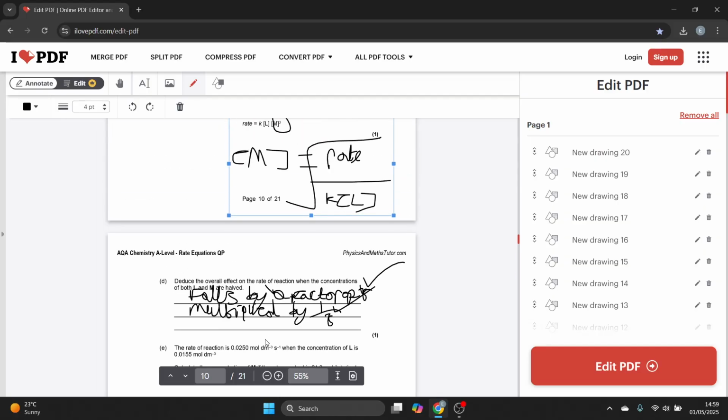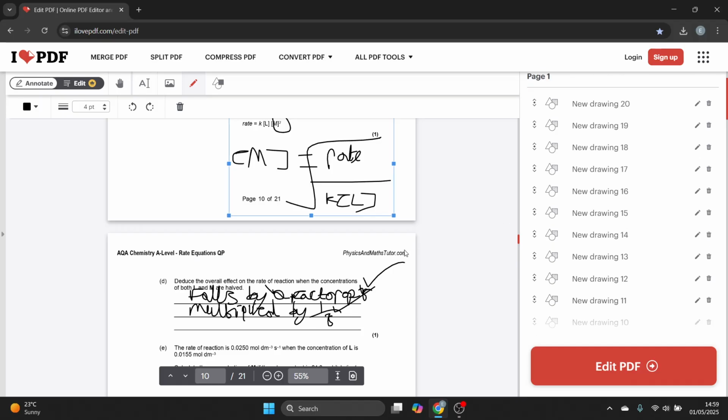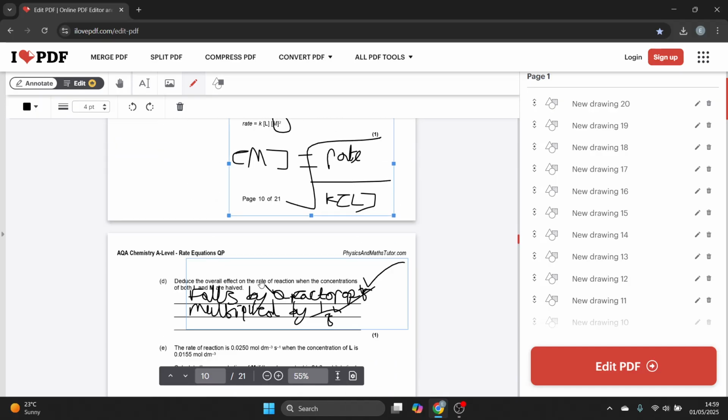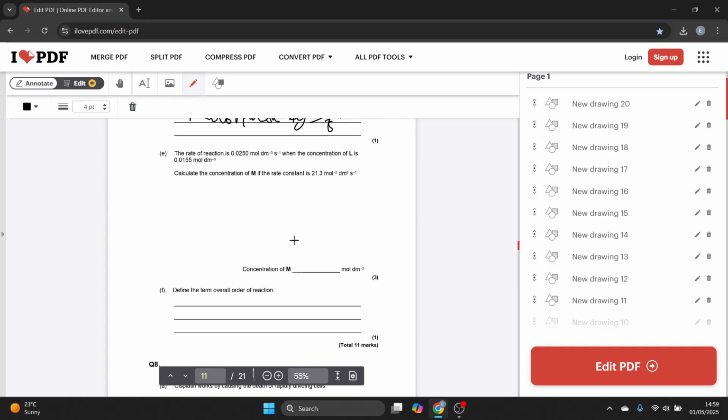So the square root of rate, which is 0.0250, divided by k, 0.0155, times 21.3, gives 0.275.